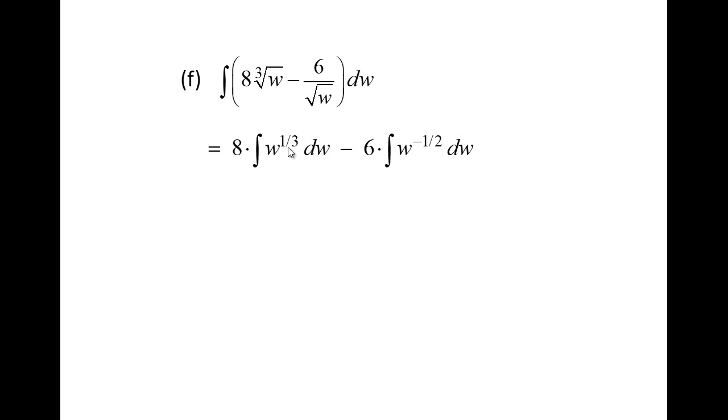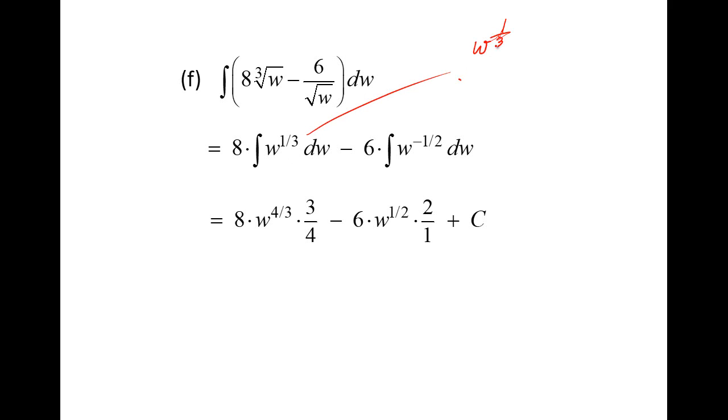So basically we get w to the 1/3 plus 1 divided by 1/3 plus 1. So the first one right here is going to be w to the 1/3 plus 1 divided by 1/3 plus 1.